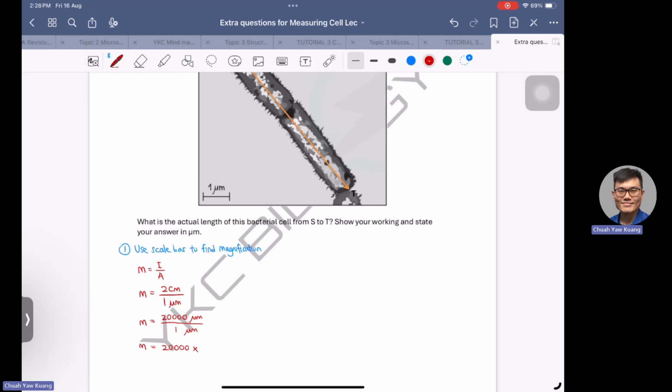So now we have the magnification. The second step is to use the magnification to find the actual length.